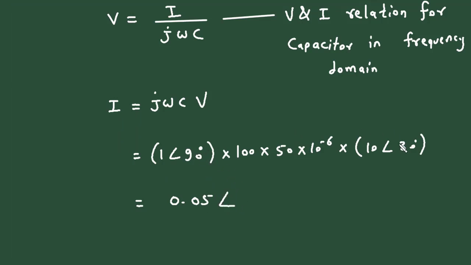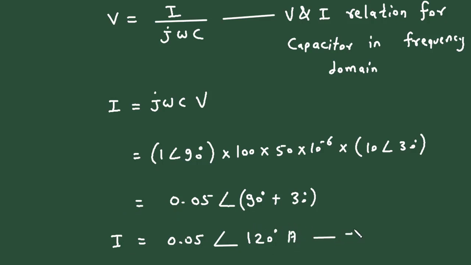Now the angle will be added here because it is multiplication, so it will be 90 degree plus 30 degree. So this will be 0.05 at an angle of 120 degree, and since it is current, its unit will be ampere. Currently it is in frequency domain format.